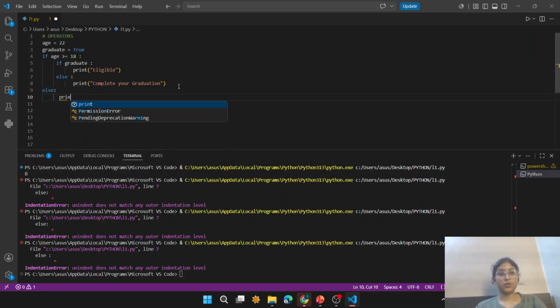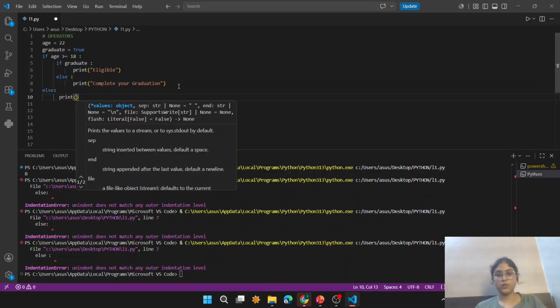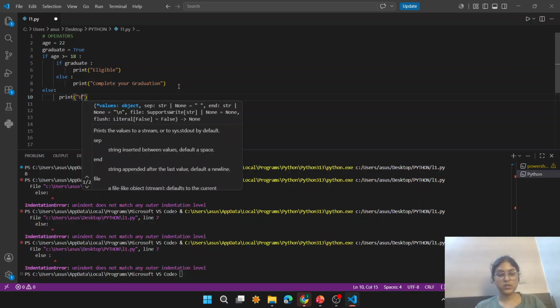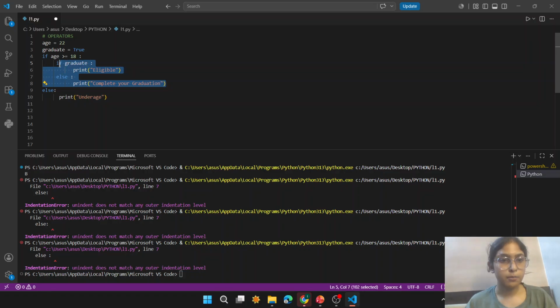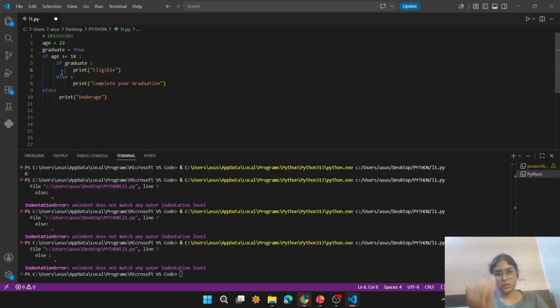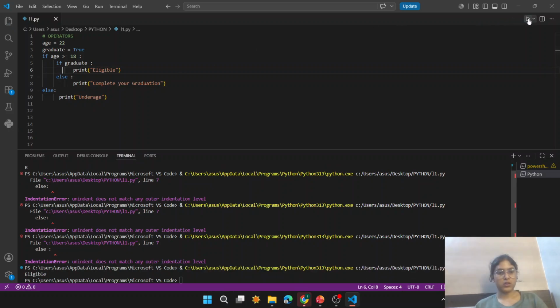If you don't do the correct indentation, then there will be an error because it will not consider it as the same block of code. The if condition has this part inside it as a subcategory, so if there is no proper indentation, it will not work.